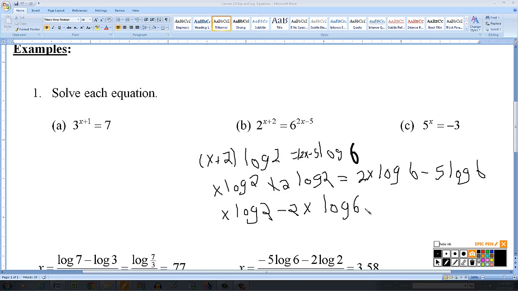And then the terms without an x go to the other side. So this 2 log 2 goes to the other side, so it becomes a minus 2 log of 2. And then I have the minus 5 log of 6.